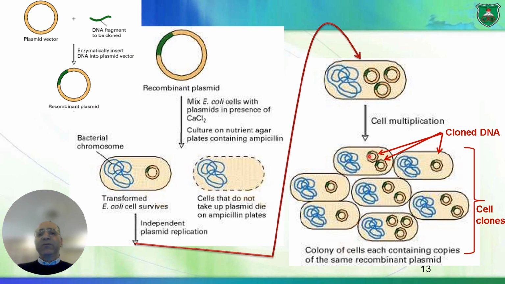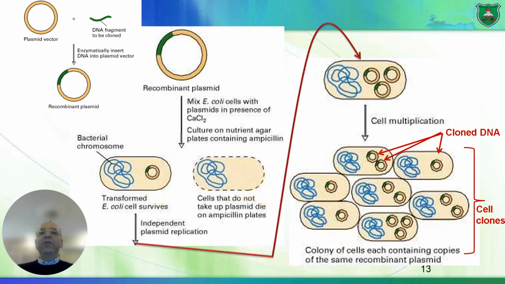Now each bacterial cell would contain at least one plasmid, and these are the ones that would survive ampicillin. We're going to have billions of plasmid molecules, recombinant DNA molecules this way. So here we have a recombinant DNA, and we can clone our DNA of interest.